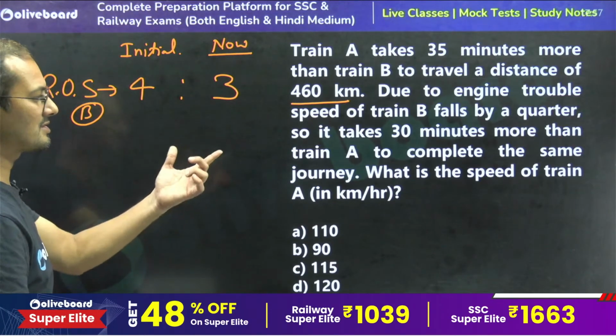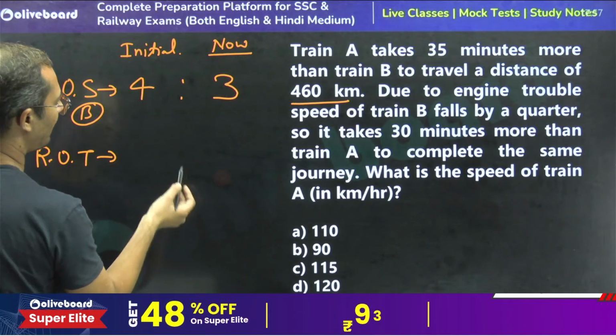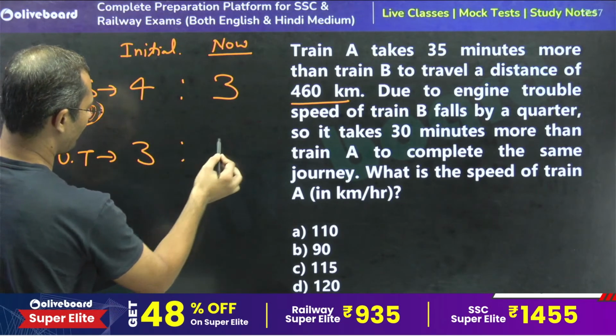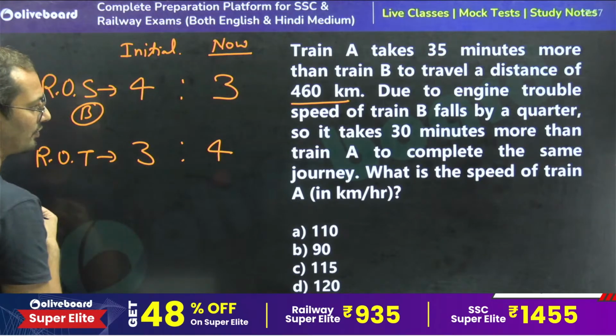If the distance is same, the ratio of time taken by train B is going to be 3:4, means initially it takes 3 units, now it takes 4 units, right?